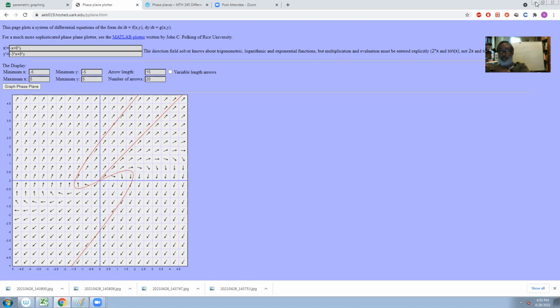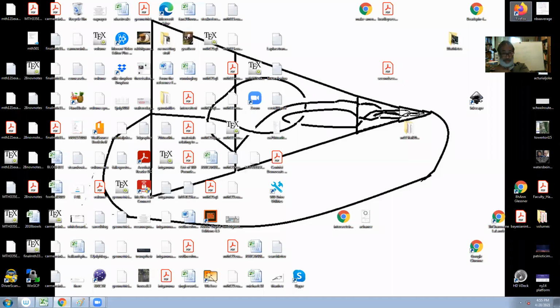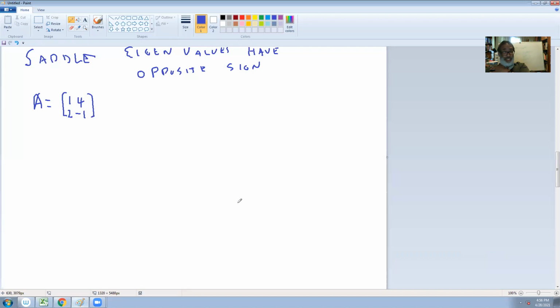Now let's go back to a saddle. And the saddle is going to look something like this. Let's go back to my saddle here. Now, I'm running a little short on time, but if you compute A minus lambda I, what you get is 1 minus lambda, 4, 2, minus 1 minus lambda.